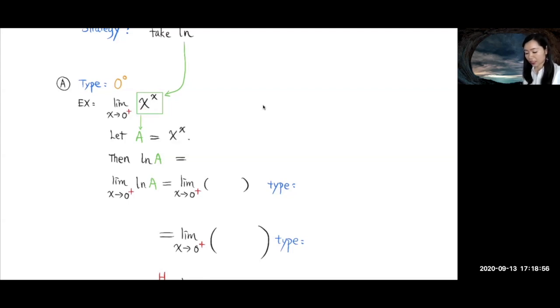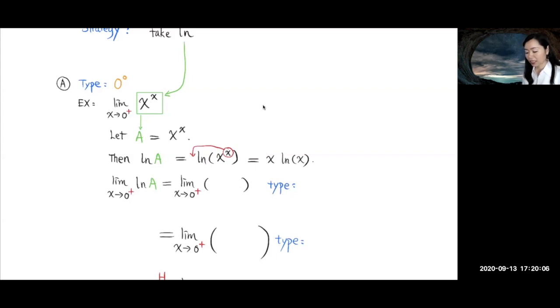Then we take Ln. Ln of a is going to be Ln of x to the x power. When we take this Ln, the exponent drops to the front, and it gives us x times Ln of x.